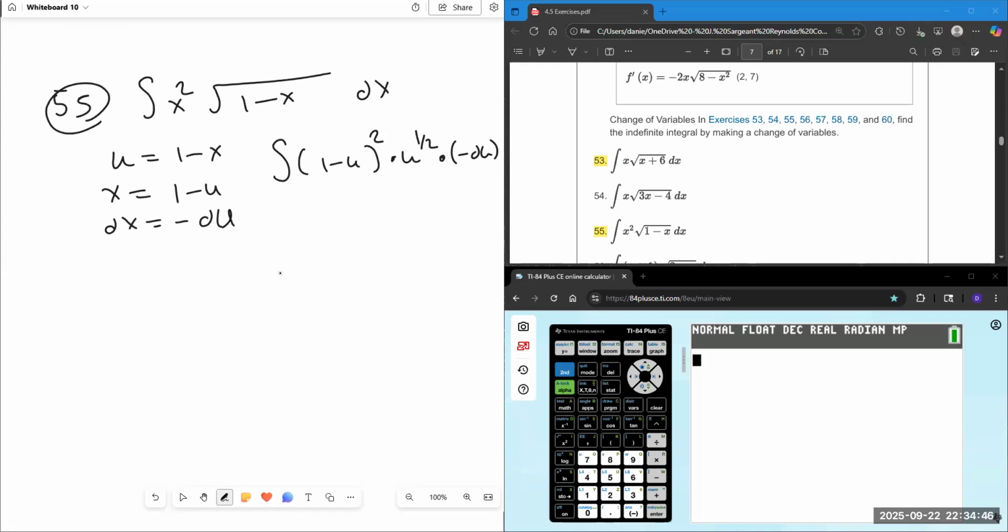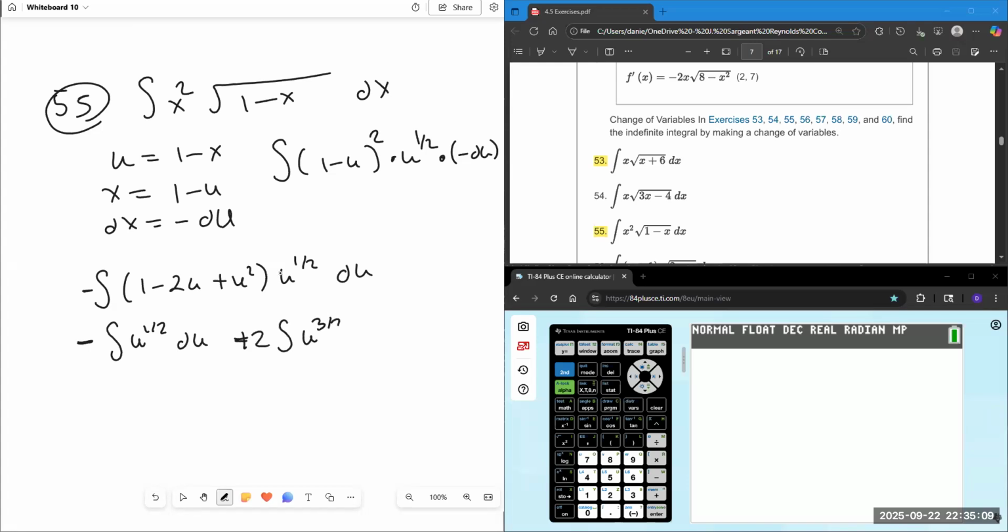So let's expand here: 1 minus 2u plus u squared. I have my u to the 1/2. I have my negative that can come out, du. So negative u to the 1/2 du plus 2 u to the 3/2 du minus u to the 5/2 du.